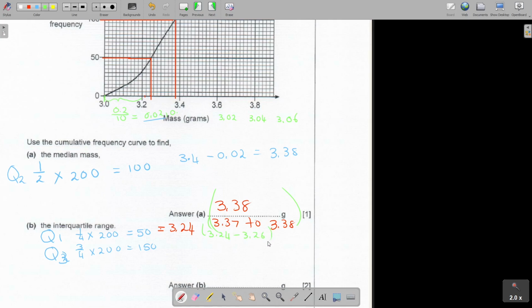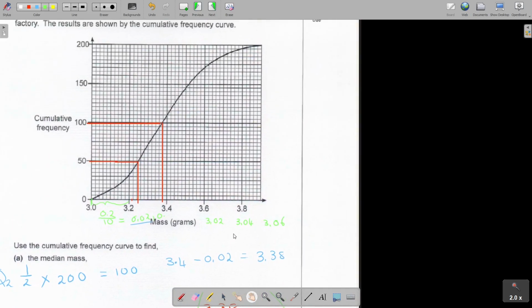Now, 150. Let's do the same at 150. Again, with my ruler, use your ruler. When it intersects, I just go down. And again, this was 3.5. So if this is 3.5, then it's 3.5 plus 0.02, so it's 3.52.